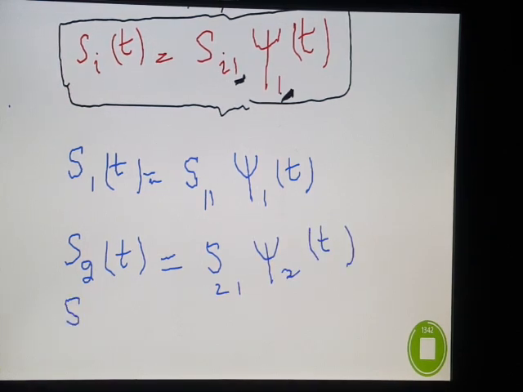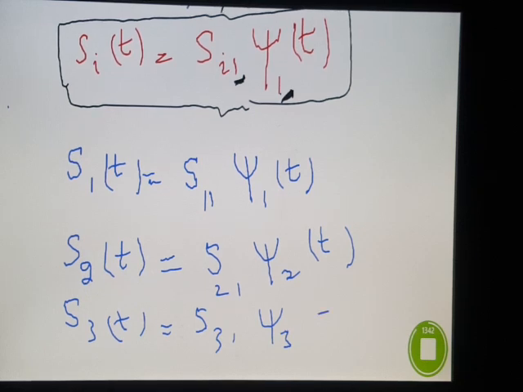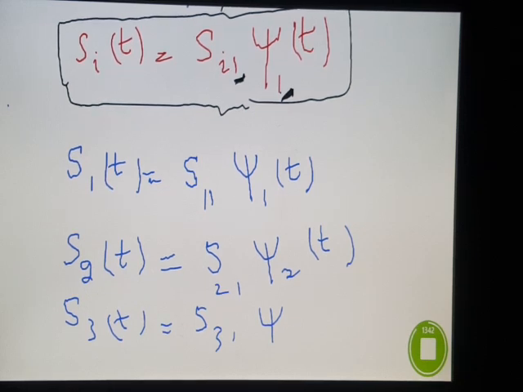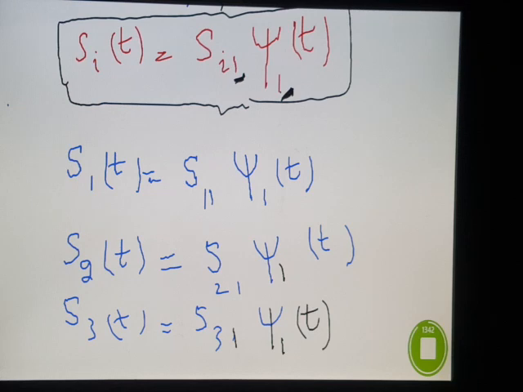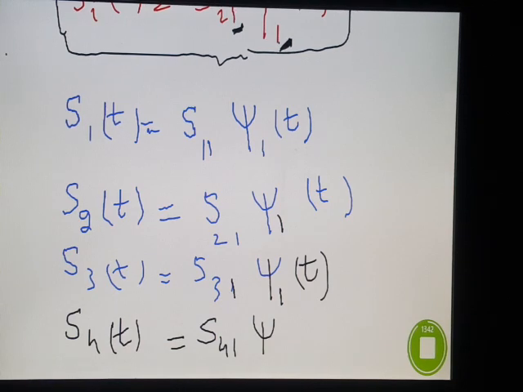Then S3 of t would be S31 psi 1 of t, and similarly the fourth unique signal S4 of t, which is S41 psi 1 of t.